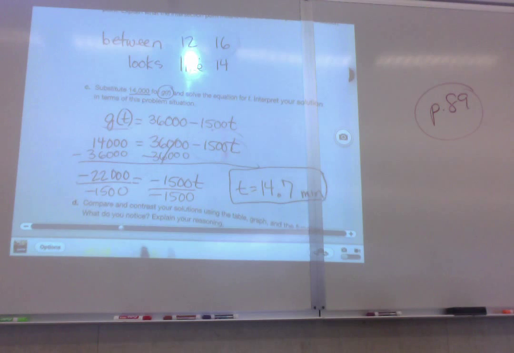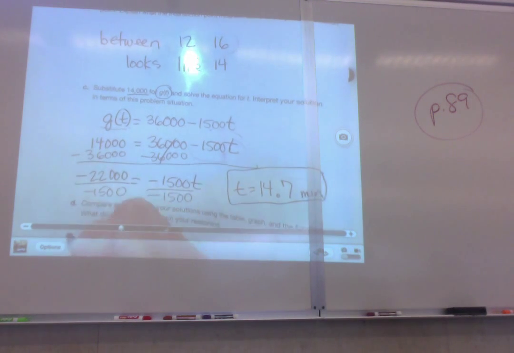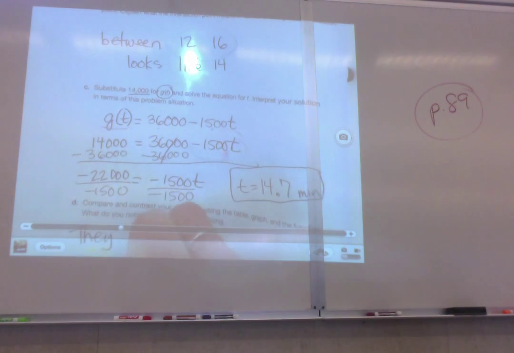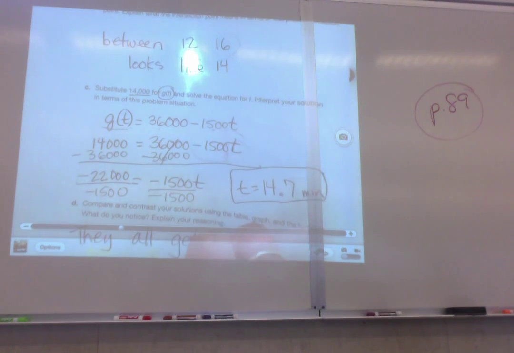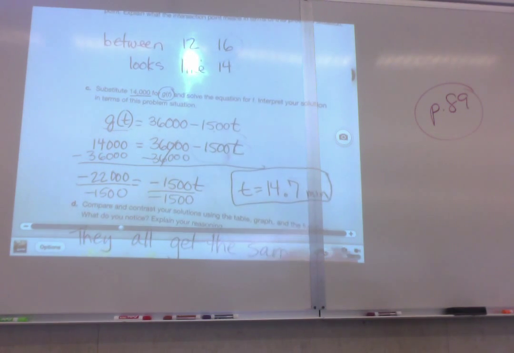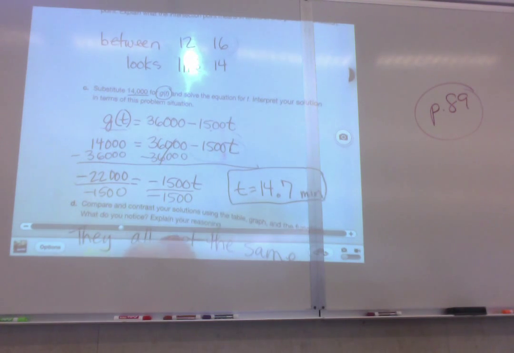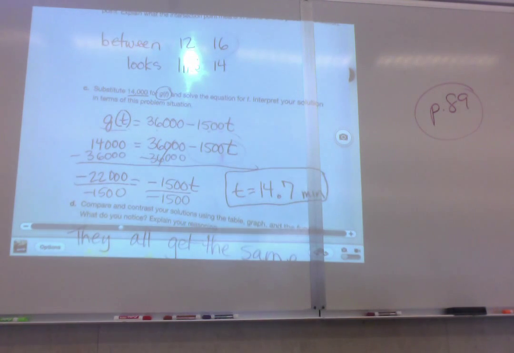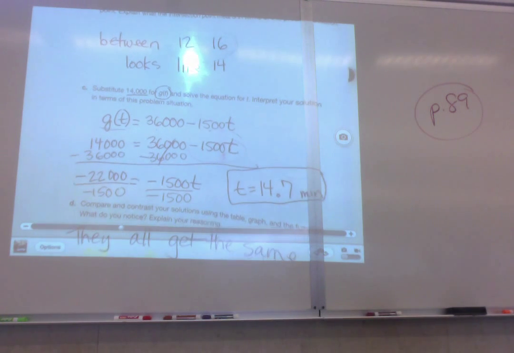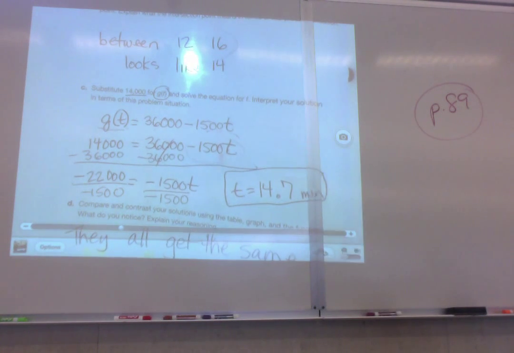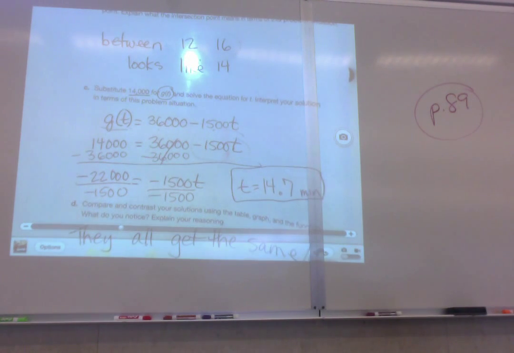Okay, so what do you notice, Kenya, about the three ways? Okay, they all get the same answer. Imogen, what do you notice? The same thing that she said, that they all get similar, around the same. Let's say similar. They weren't exactly the same, but they were similar.